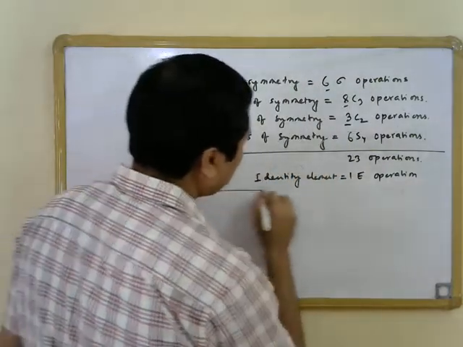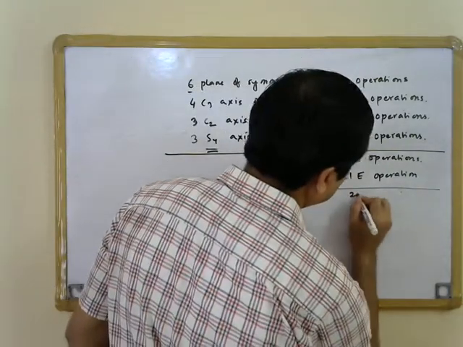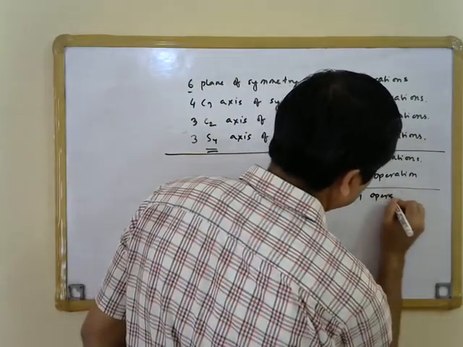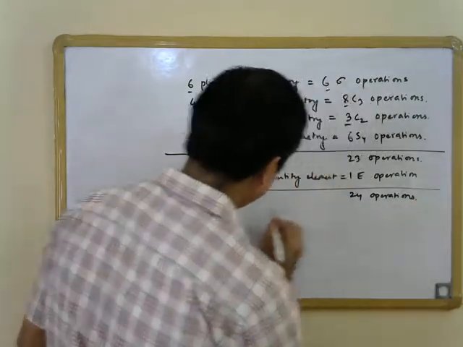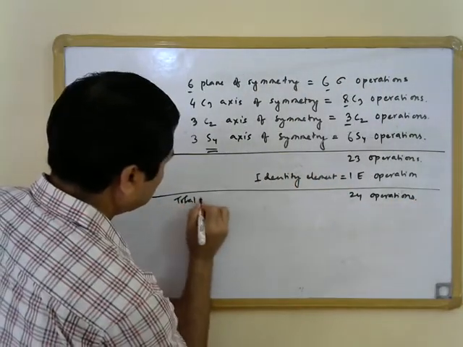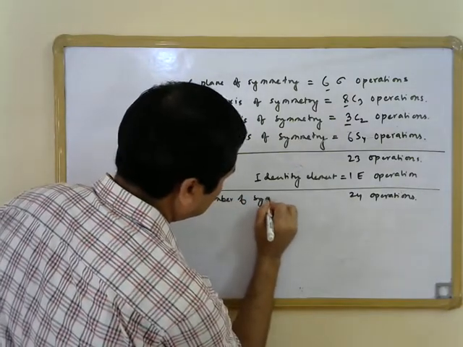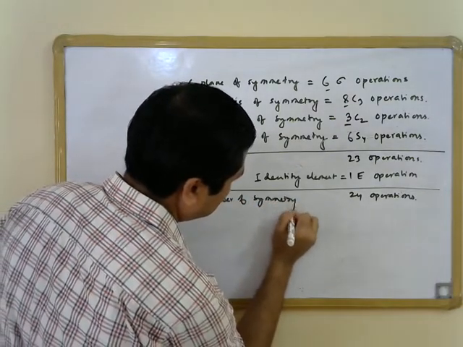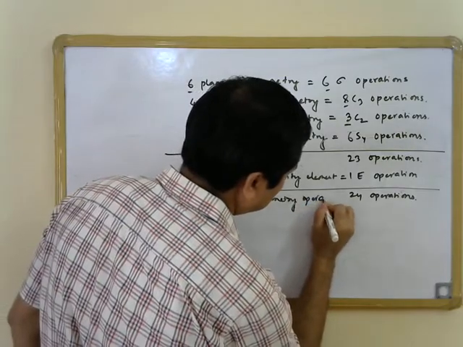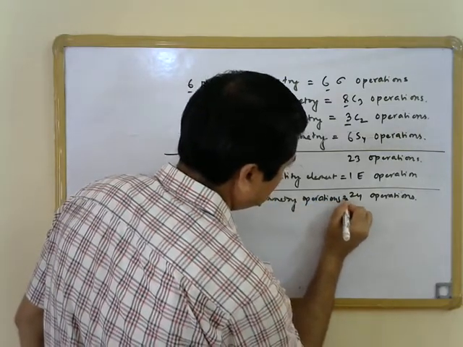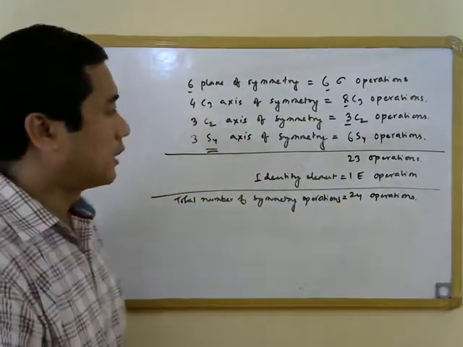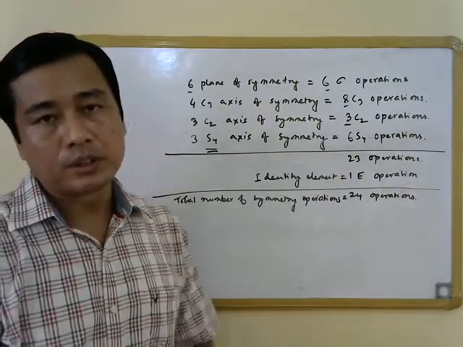So now the total number of symmetry operations we found in the tetrahedron is equal to 24 symmetry operations.